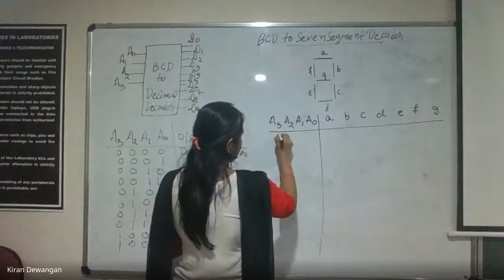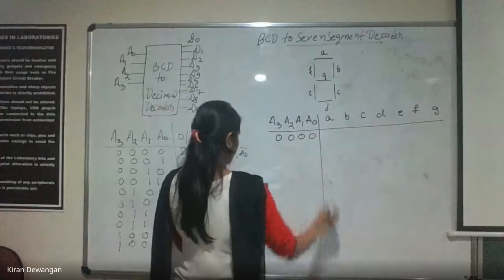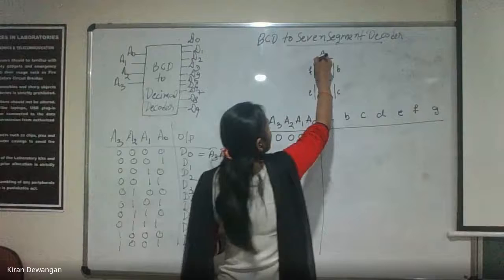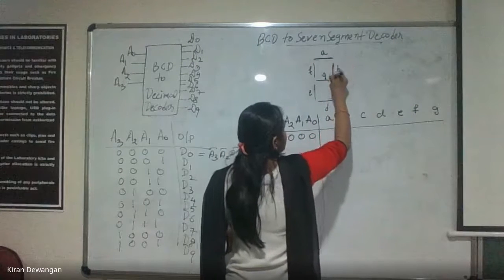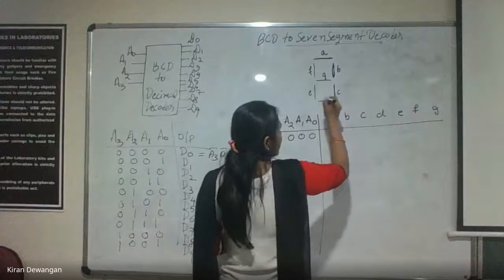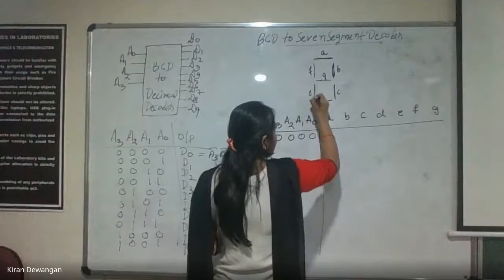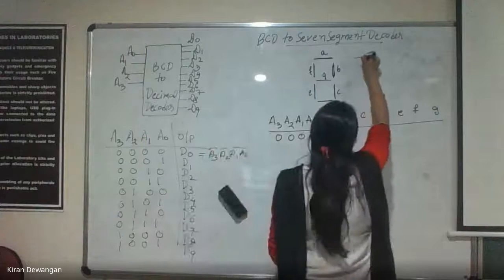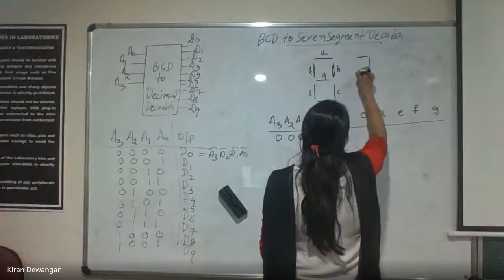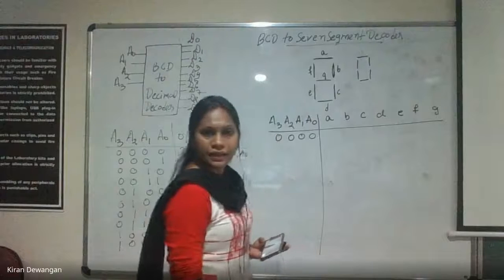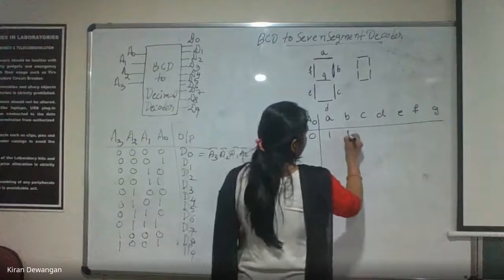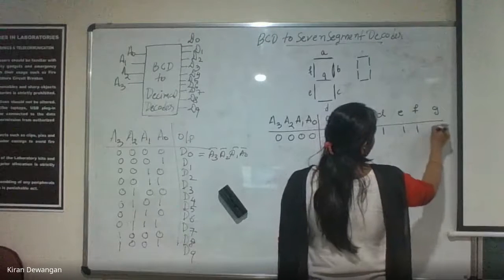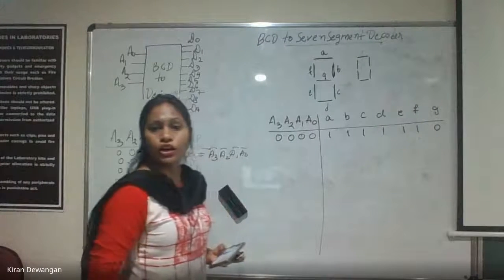Now if I am giving 0, 0, 0, 0, it should show 0. That means A should go high, B should go high, C should go high, D should be high, E should be high, F should be high. That is, it should look like this. For this, G will be low.